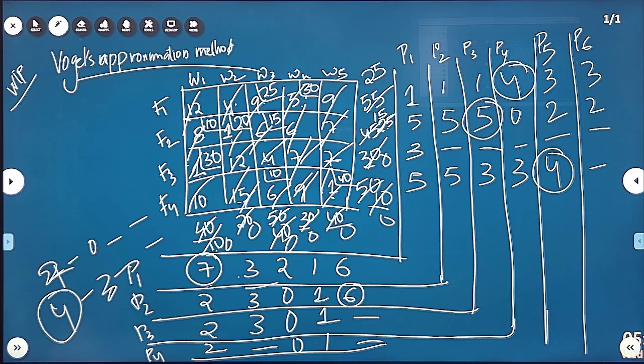Then you will get doubts. Everyone understood or not? Actually here in the board there is no space, so that's why I have written this side, that P5 and P6 as column wise I have written this side.